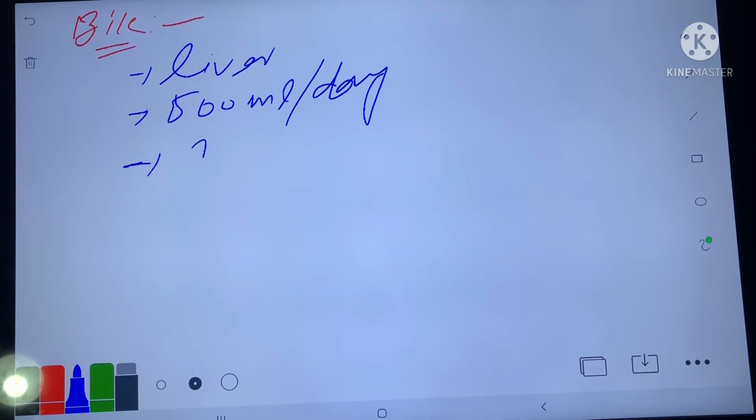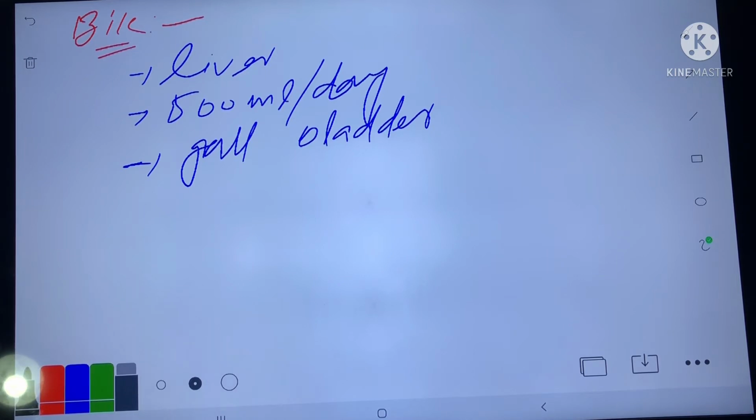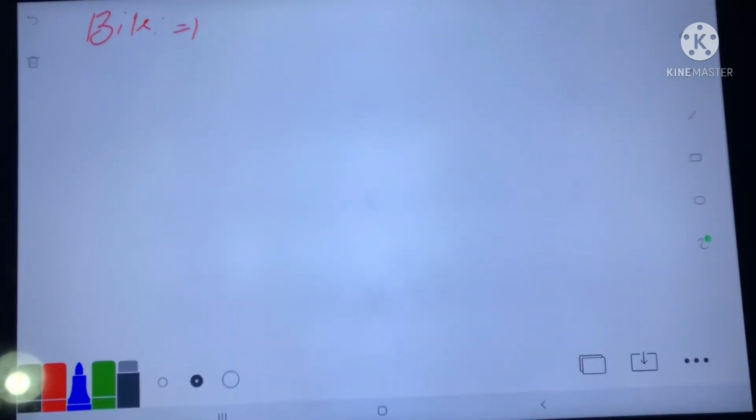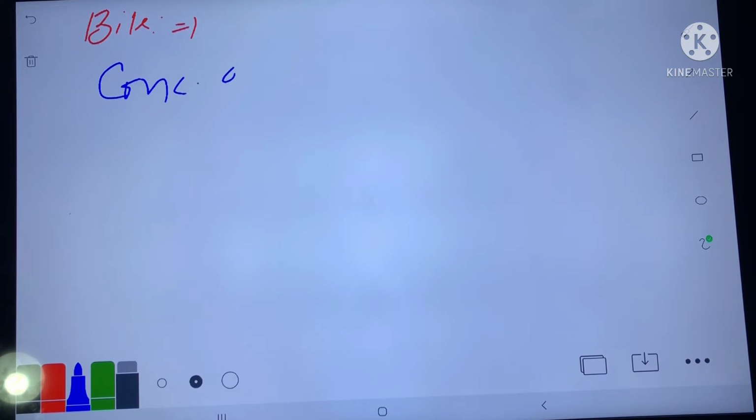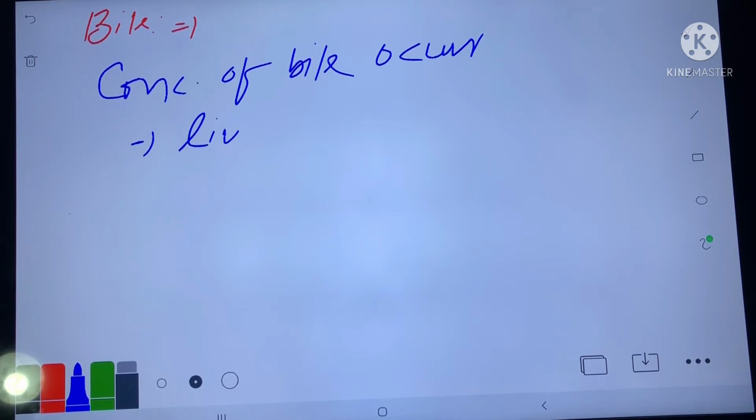It is stored in the gallbladder, and in the process of storing, concentration of bile occurs.